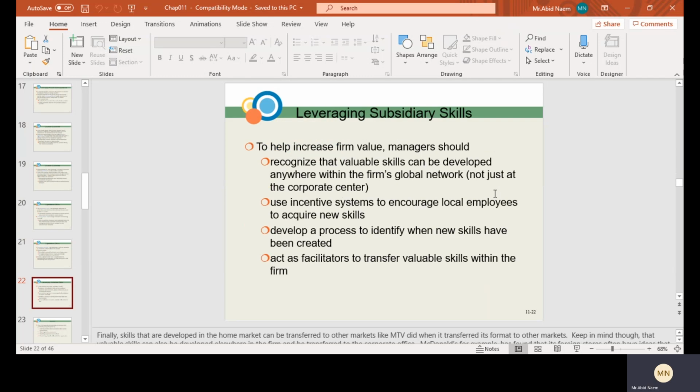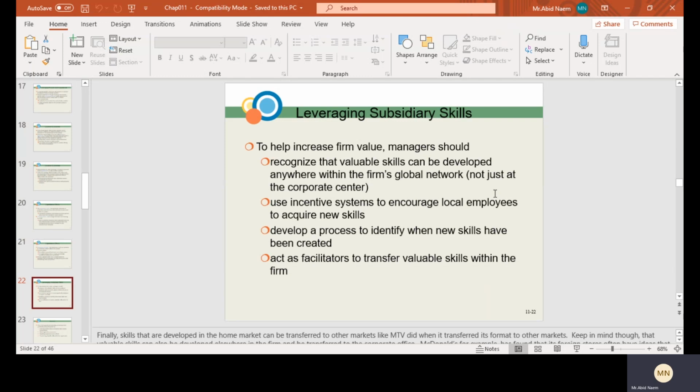Subsidiary skills we can leverage as well to help increase firm value. Managers should recognize that valuable skills can be developed anywhere in the world, anywhere within the firm's global network, not just at its corporate center or headquarters. So use incentive systems to encourage local employees to acquire new skill sets.